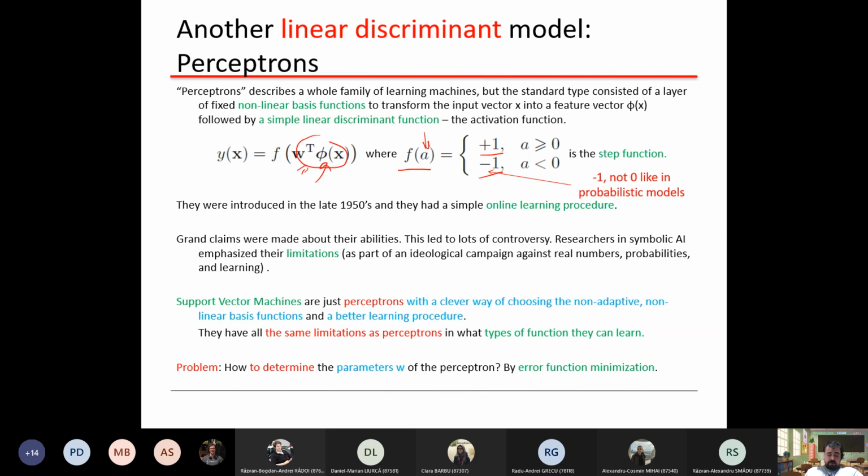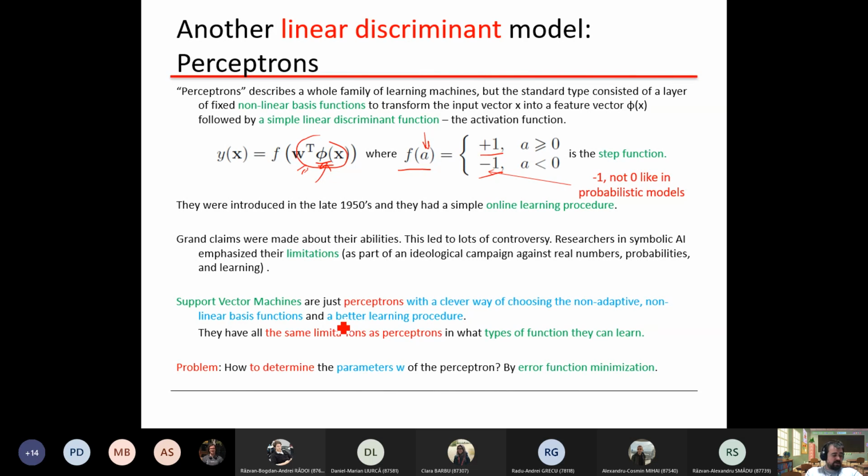SVMs, which we'll also be talking about in one of the future lectures, are not any more than perceptrons, but they have a clever way of choosing the non-adaptive nonlinear basis functions, so these basis functions phi, and also a better learning procedure than the one that regular neural nets have.